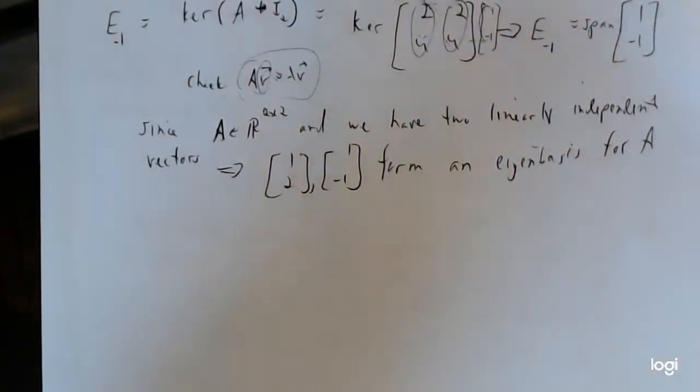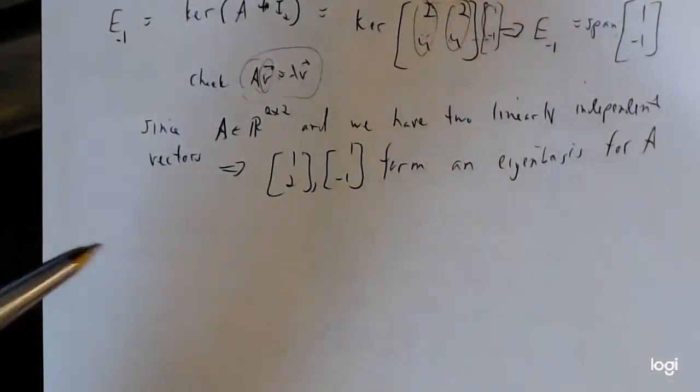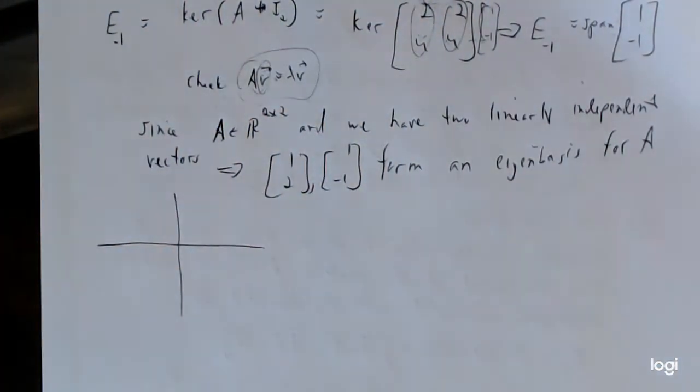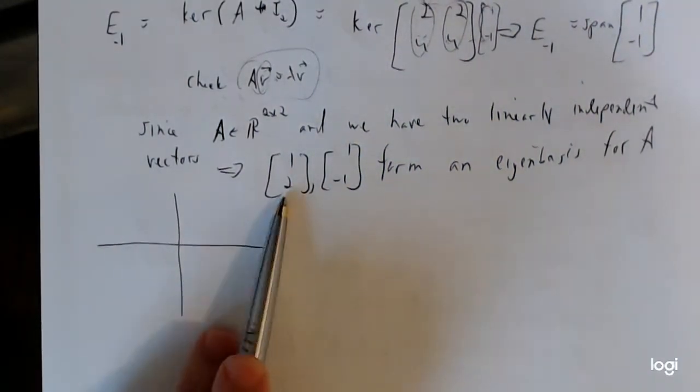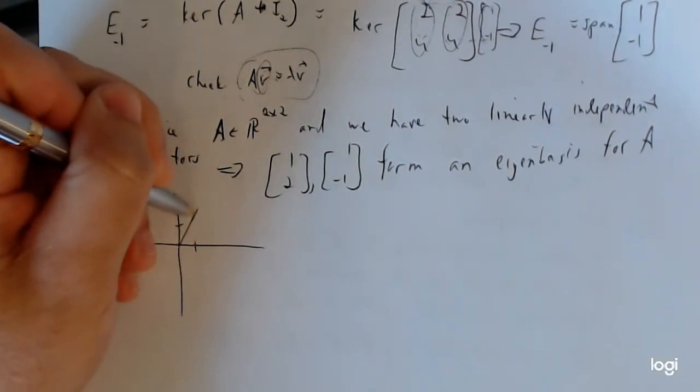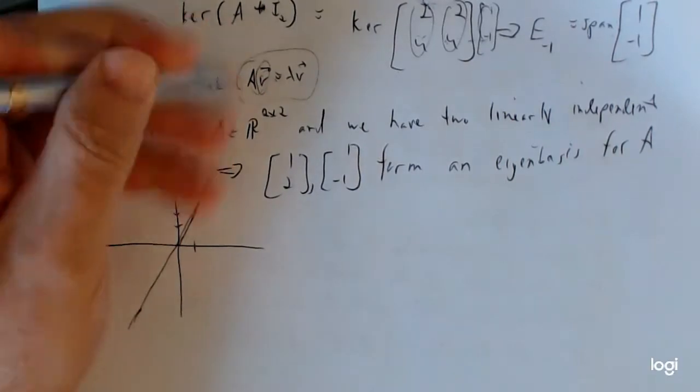In fact, if we were to draw a visual representation of what we just found, what do we find? The eigenspace for the eigenvalue of 5 was the span of 1, 2, which would be any vector along this. So this is capital E sub 5, right? That's what we found.